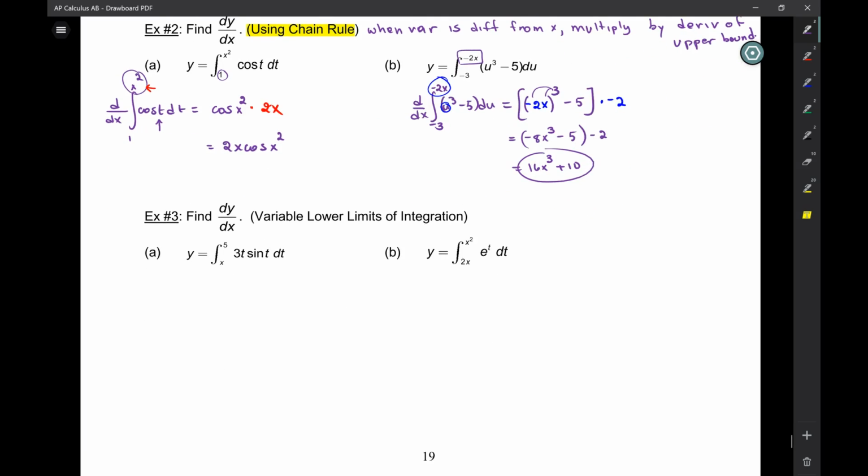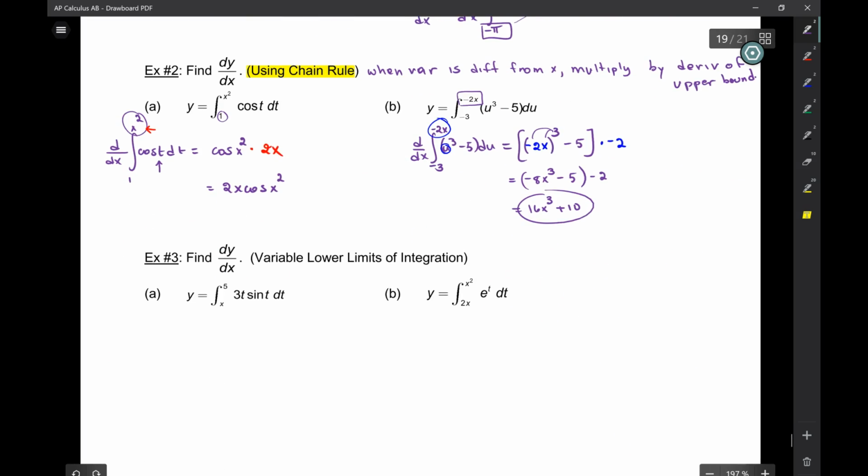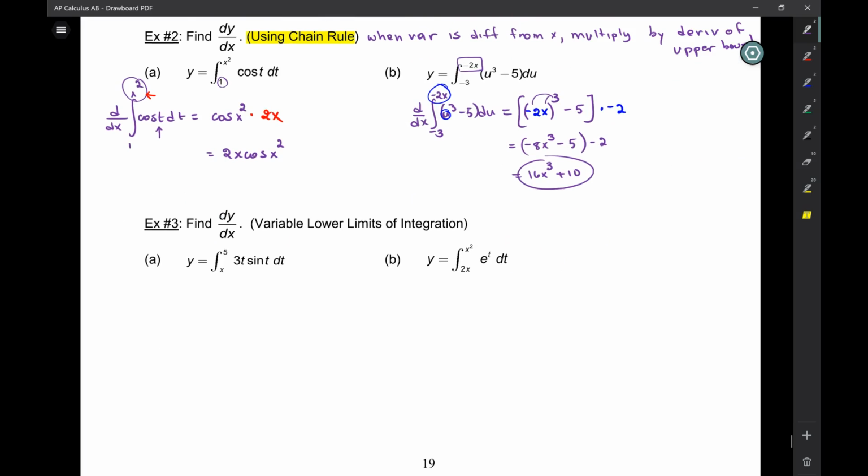What's different here for A? This time the x is on the bottom, right? But our fundamental theorem of calculus was defined with the x on top, the variable on top. So you switch it, and make it negative. Look at you guys. Who's teaching you calculus? So switch it, and then we have the integral from 5 to x of 3t sine t dt. Now we need d dx of that whole thing.